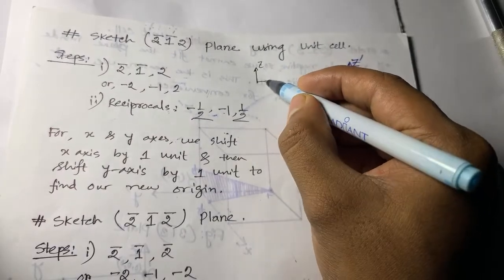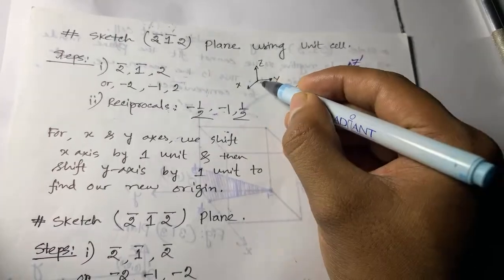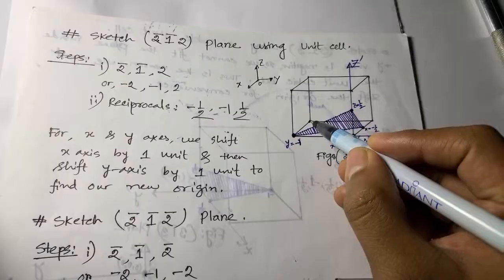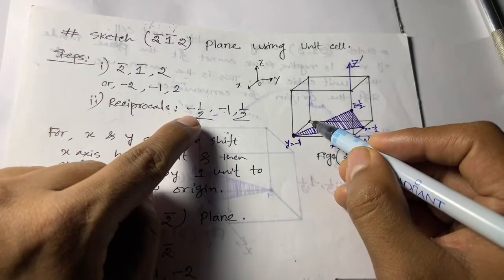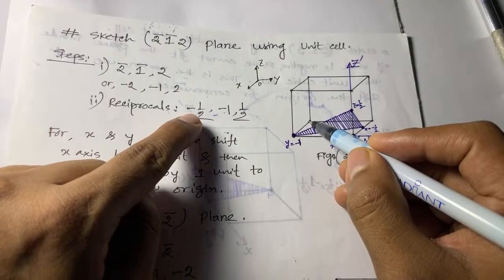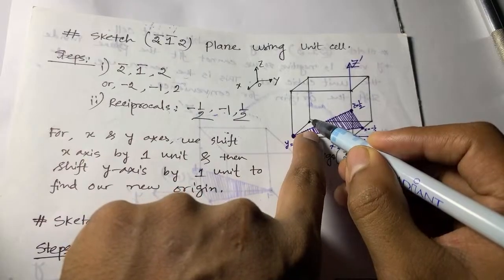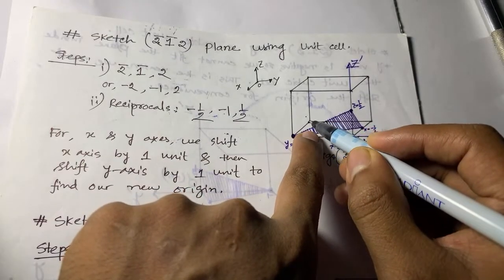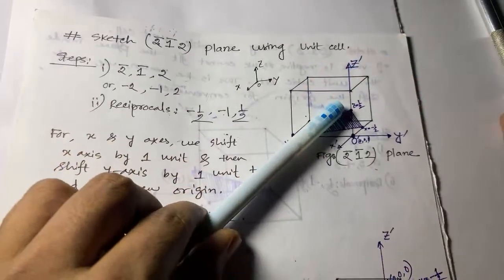This is the z-axis, this is the direction of the y-axis, this is the direction of the x-axis. This is the origin, so usually we take the origin here. So let's shift along the x-axis, from here to this point.